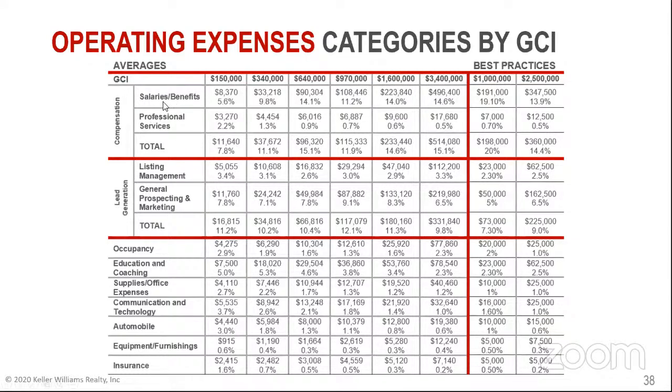Remember, this is going to be your cost of sales, these first 2 up here. I'm sorry, of your operating expenses, this is going to be for compensation. This is going to be your salaries, your professional services, and so forth. And then lead generation. Remember, we said these are going to be your lion's share. Everything else is going to fill in the blanks.